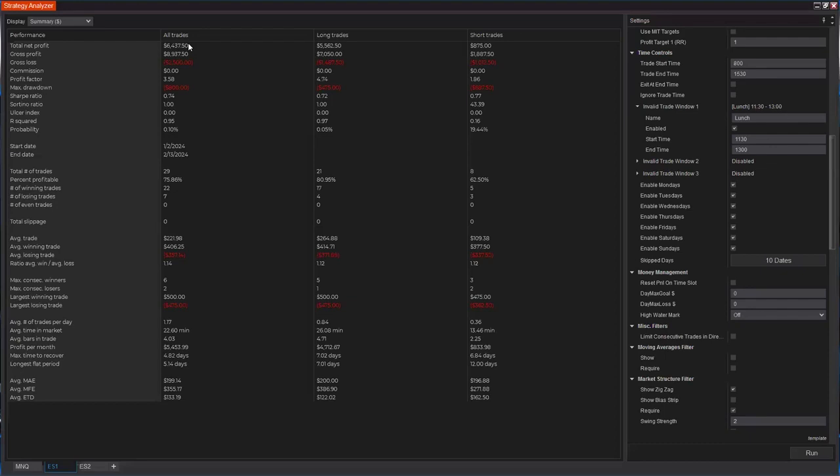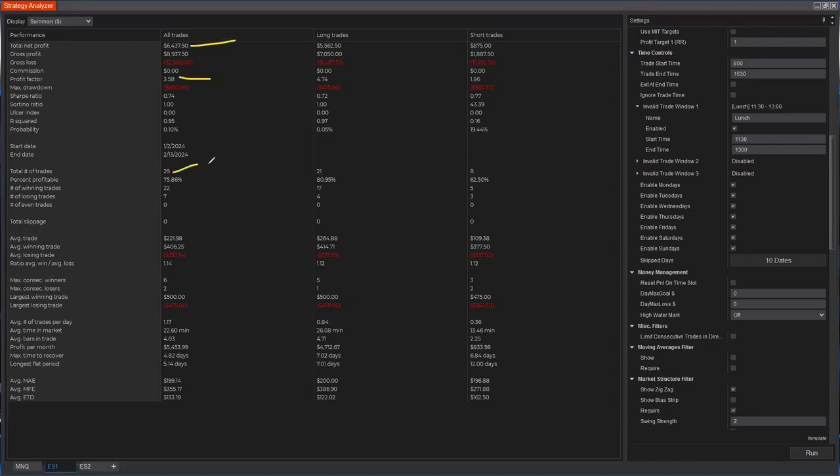What about this one here? Let's take a look. ES. What does this one look like? $6,400 in profit, profit factor 3.58, 29 trades. But what's our drawdown? $800, top to bottom off your high water mark. Now this is trade by trade, not intra-trade, but still: max drawdown of $800 versus $6,000 in profit.